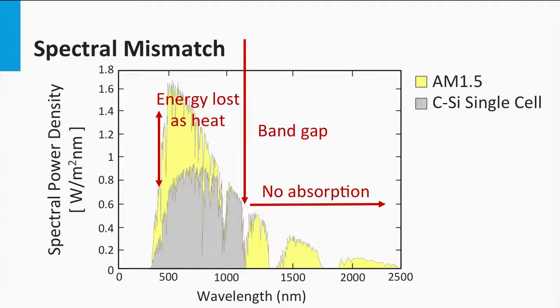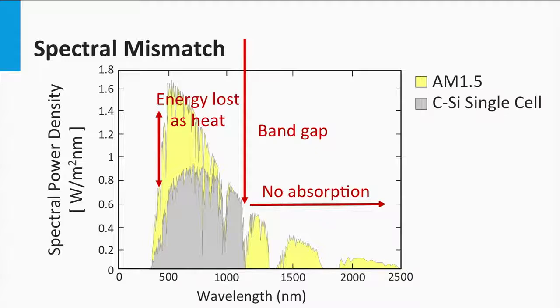The smaller the band gap, the larger the losses due to heat, whereas the energy losses below the band gap decrease. This suggests that if we only consider the optical losses and ignore all other losses, we will have an optimum. The optical losses due to this mismatch between the band gap and the solar spectrum limit the maximum conversion efficiency to 48%.